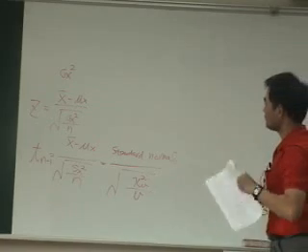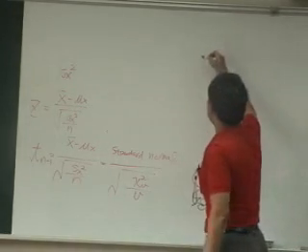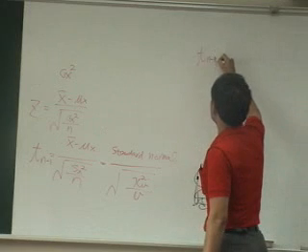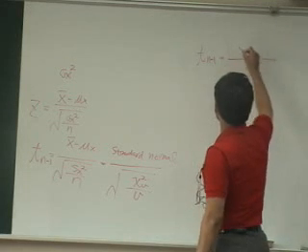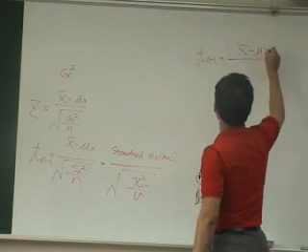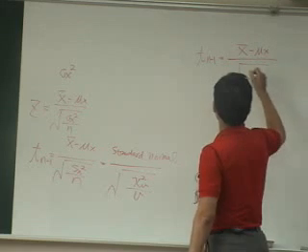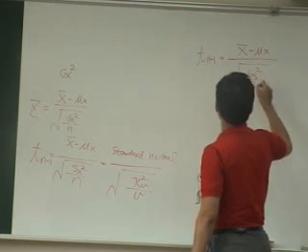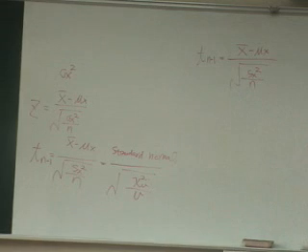So we know the T distribution with degrees of freedom n minus 1 is equal to x bar minus mu x divided by the square root of sx squared divided by n. Any questions so far?